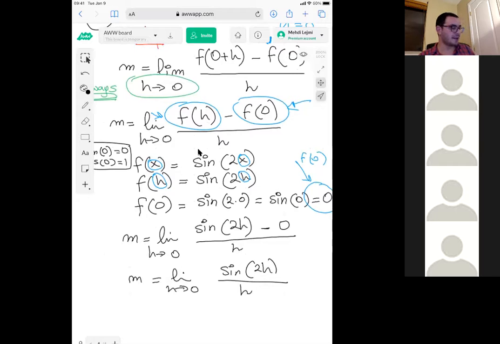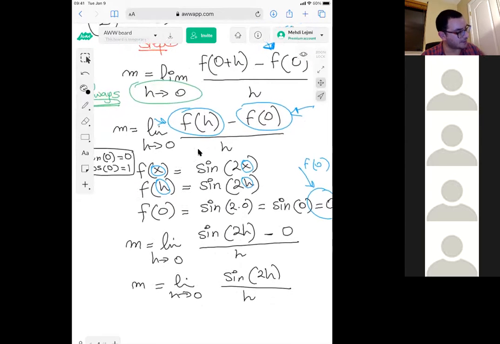So remember the trick. If you have the limit as x goes to 0 and you have the same number of x's in the top and bottom, sine of a of x over a of x, we said this limit would be 1, right? Here it's sine of 2h over h, so we need the same number of h's.